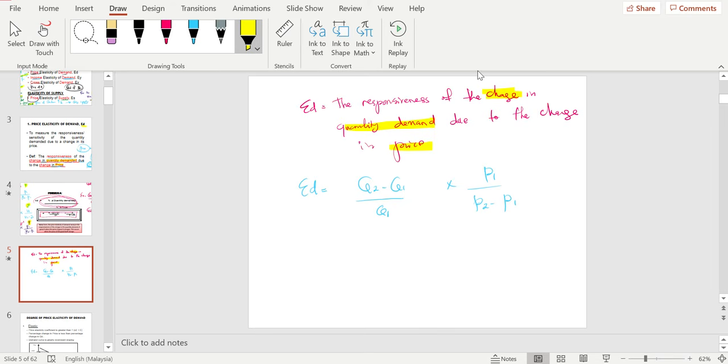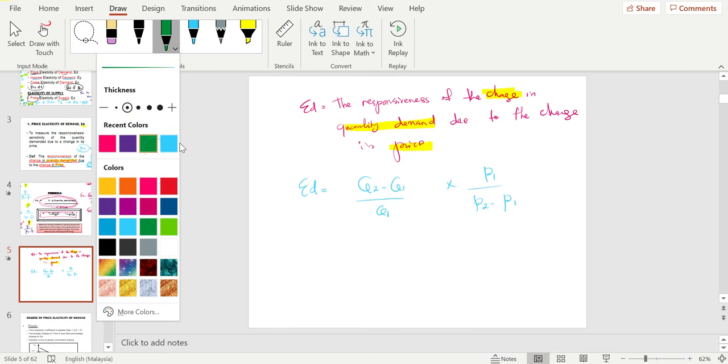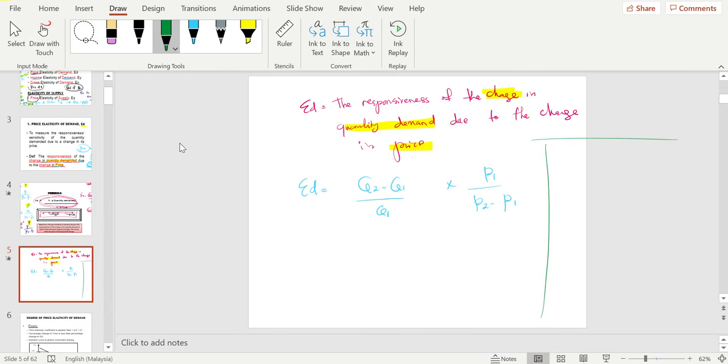Let's say, I give you one example. For example, the price of pen increases from RM1 to RM2.